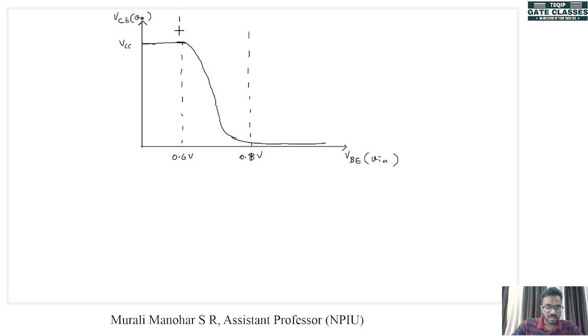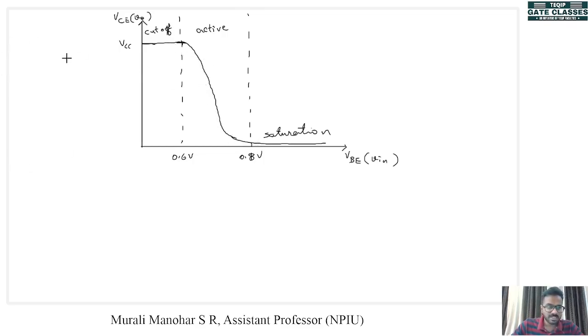So we can differentiate these regions. This will be the cutoff region, this will be the active region, and this will be the saturation region. So as an amplifier, our BJT will be operating in this region.